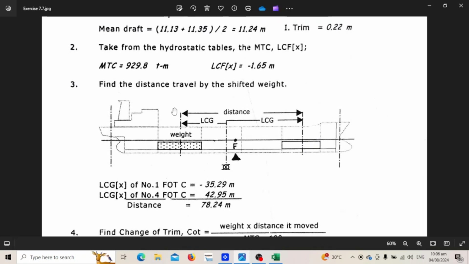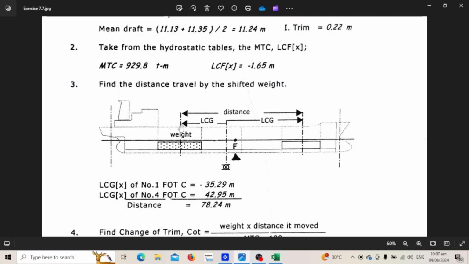Now find the distance traveled by the shifted weight. What he means here is the distance from FOT tank number 1 going to FOT tank number 4. What is the distance? This is what he's asking here. By means of LCG, from the center of flotation to the center of tank number 1, that will be your LCG.